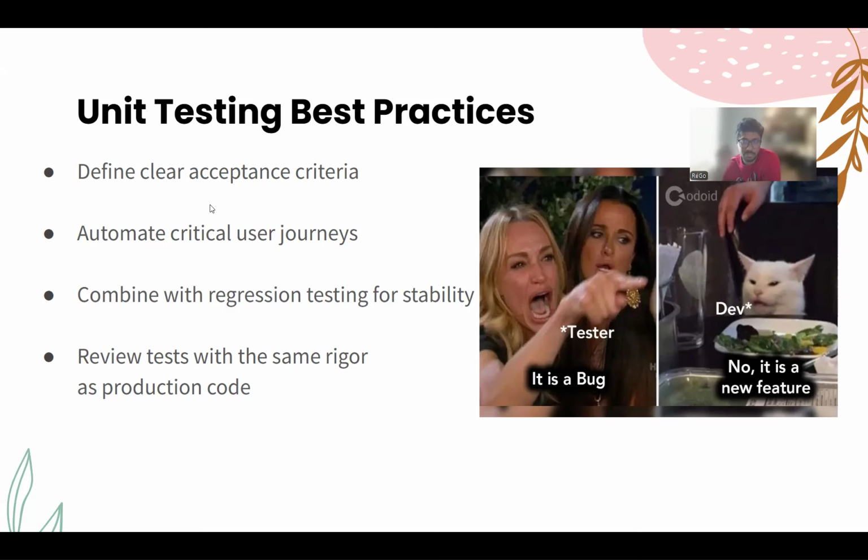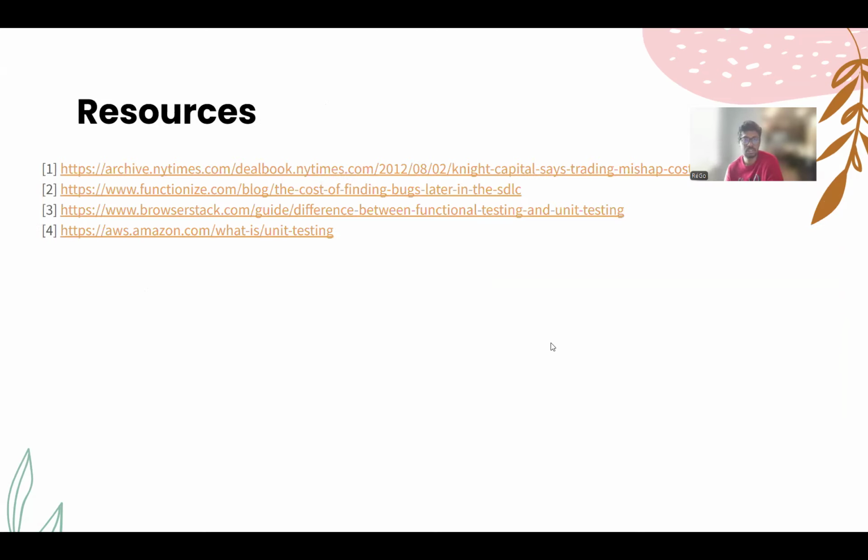So regression testing is testing on all suitable platforms. Then review tests with the same rigor as production code. A lot of people don't give importance to tests, but it is necessary to give them the same importance we give to production code, because in the end that's what is going to save the day.